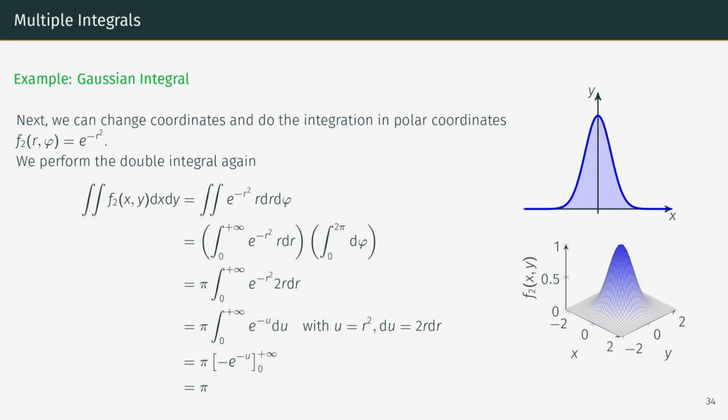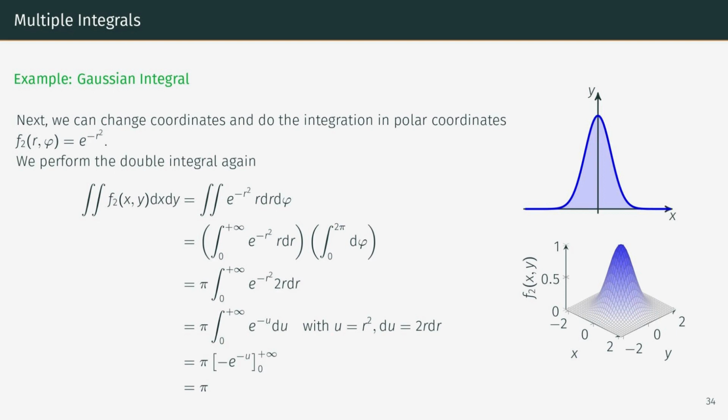The second part, the integral of d phi from 0 to 2 pi, is just 2 pi. So we will put the pi out front and keep the 2 inside the integral for later. This gives us pi times the integral of e to the negative r squared 2r dr from 0 to infinity.